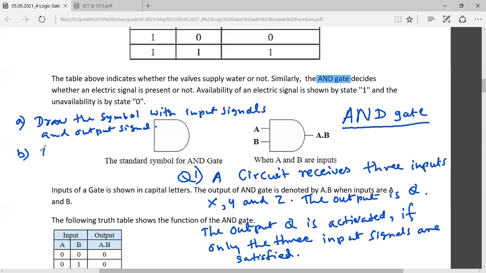B, draw the table to show the input combinations and output. Okay, do it fast.